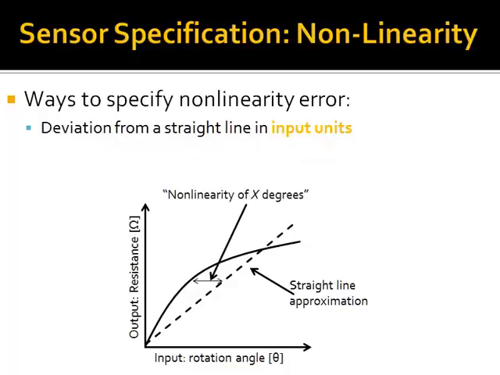Here's an example of specifying the nonlinearity error in input units. This shows that the nonlinearity is being measured in rotation angle, some number of degrees. The meaning of that number is that it is the distance between these 2 lines, the distance between the straight line approximation and the actual sensor response curve as measured in the x-axis, the rotation angle.